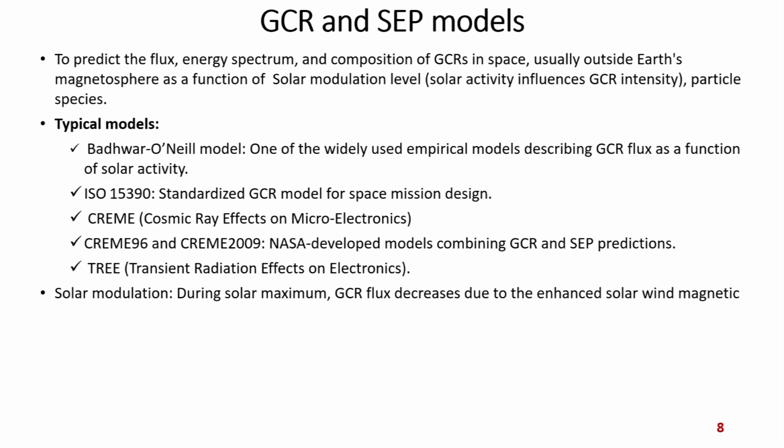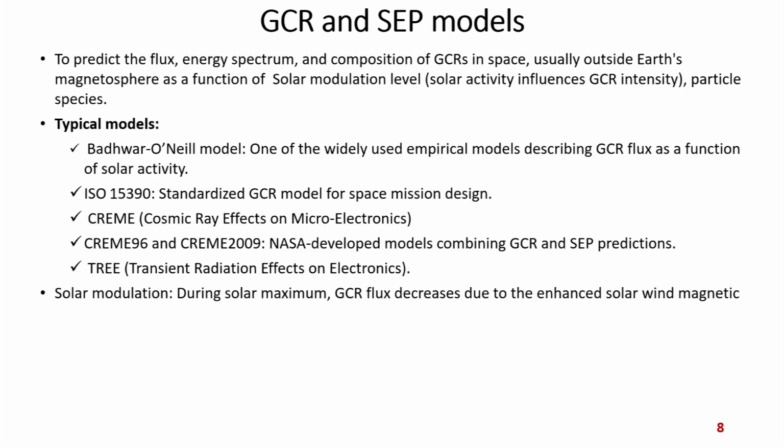These are the typical models. One is the Badhwar and O'Neill model, one of the widely used empirical models which describes the GCR fluxes as a function of solar activity. The next one is ISO 15390, a standardized GCR model for space mission design.